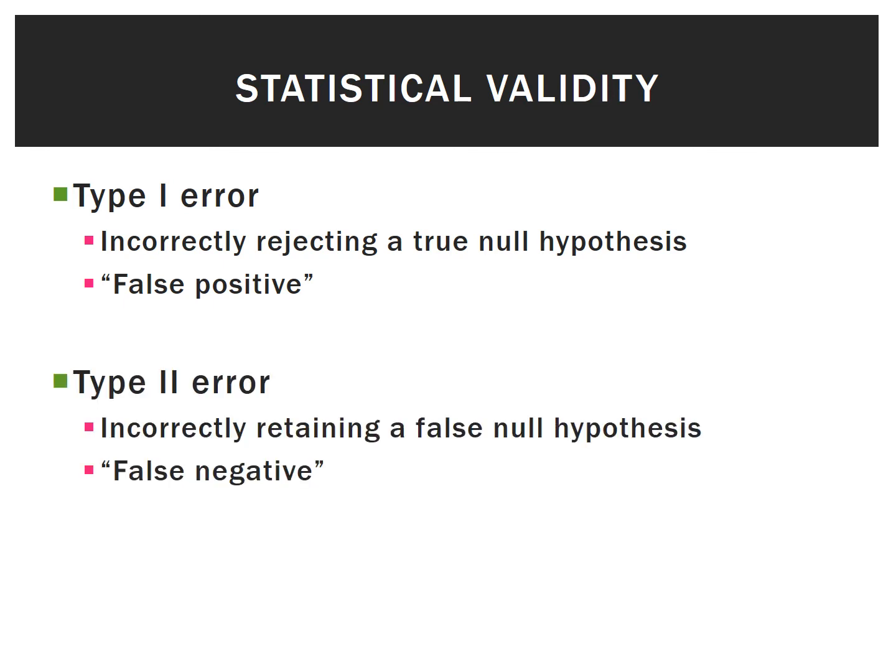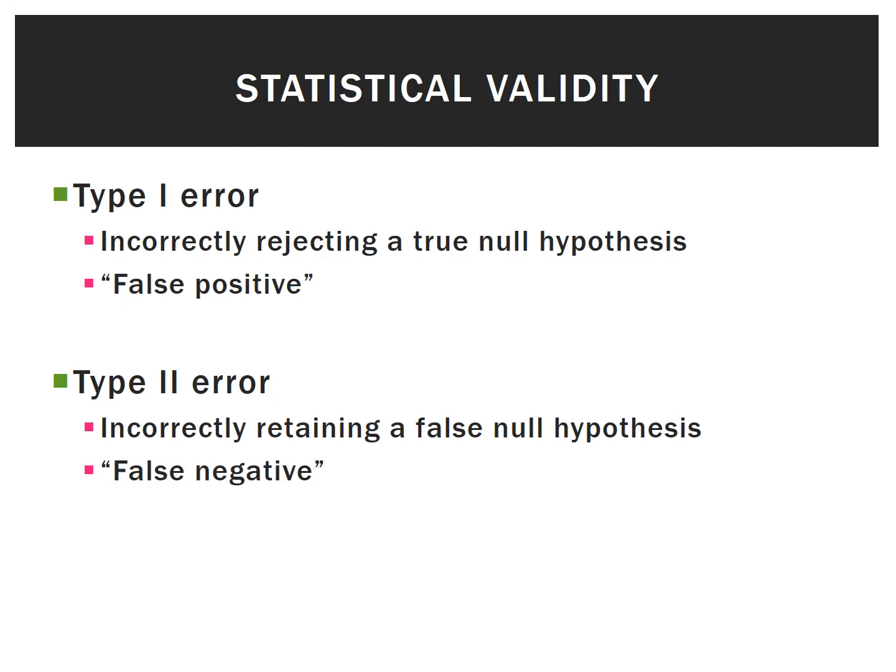The other kind of error that we worry about is type 2 error. This type of error is a false negative. Here you're incorrectly retaining a false null hypothesis. So with the type 2 error, you found no effect, but there really is one. In other words, you don't have enough power to detect an effect that's really there, but your data led you to say, oh no, there's no effect, nothing's going on in this data.